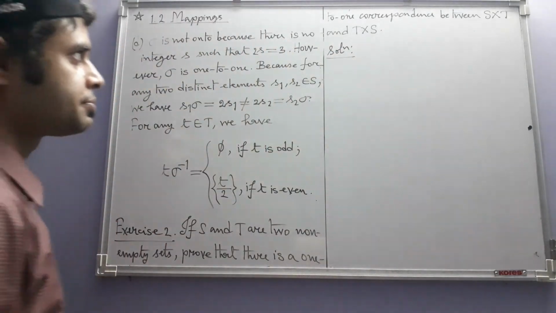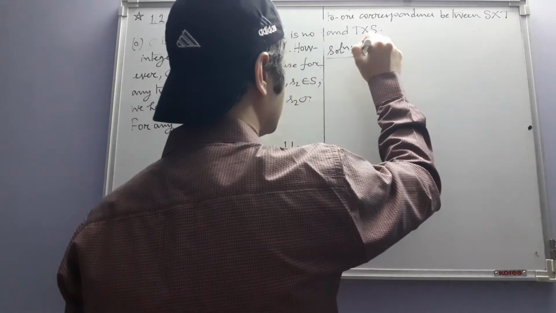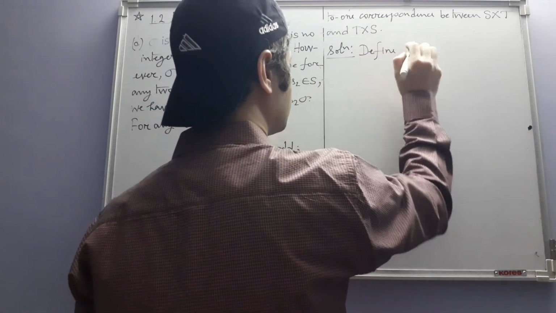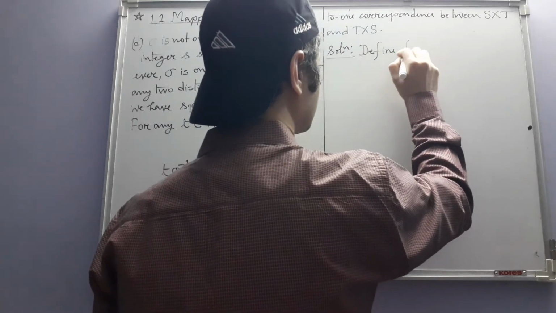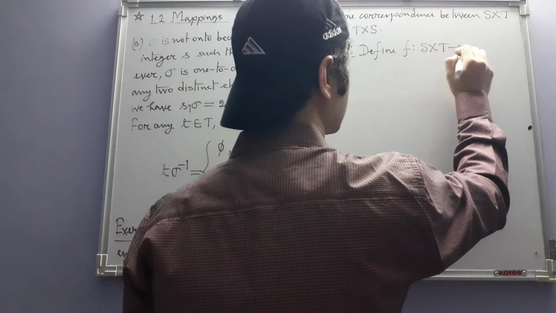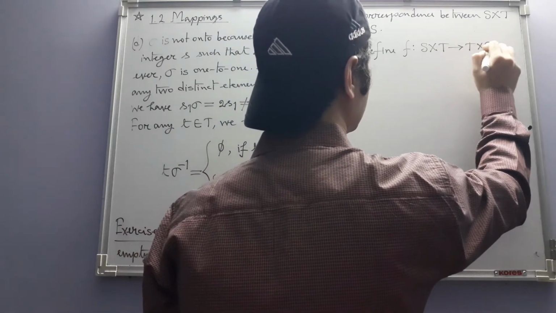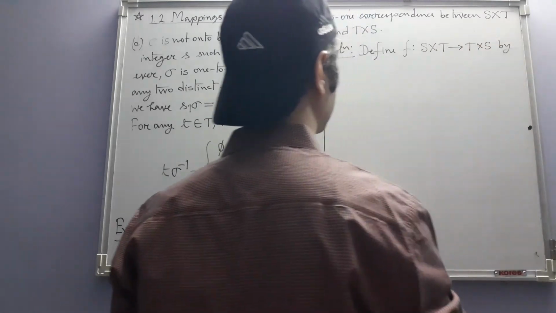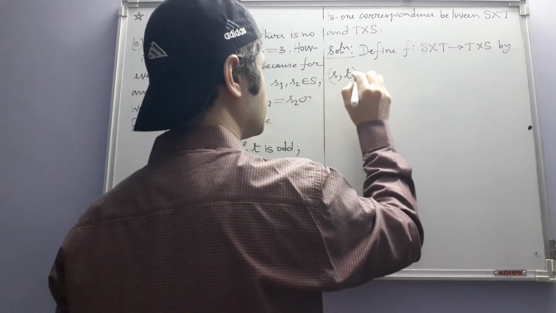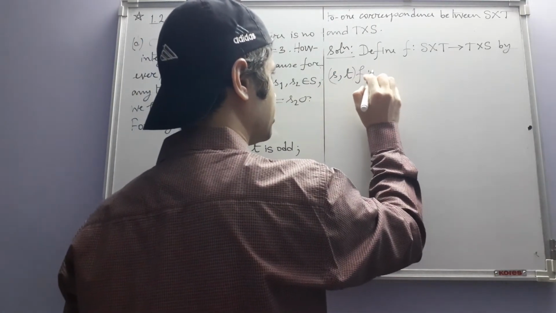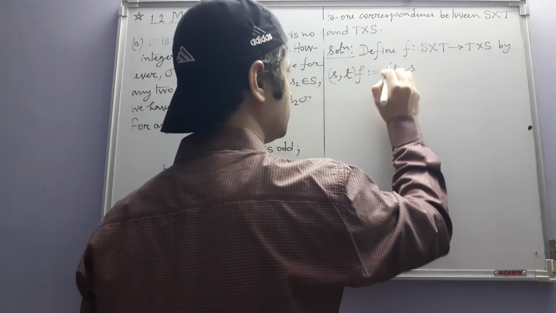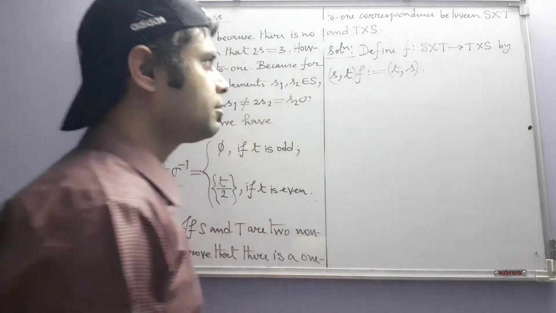Okay. Define f from S cross T to T cross S by this: this ordered pair is mapped onto the one which is obtained by interchanging the coordinates.